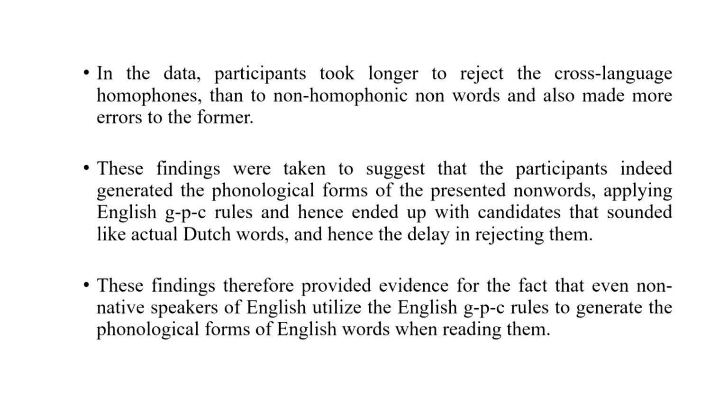These findings were taken to suggest that the participants indeed generated phonological forms of the non-words by applying English spelling to sound rules, just like native English speakers would do. That is why they ended up with candidates that sounded like actual Dutch words, and hence the delay in rejecting them. These findings therefore provide important evidence that even non-native speakers of English utilize English grapheme to phoneme or spelling to sound rules to generate the phonological forms of English words when reading them.